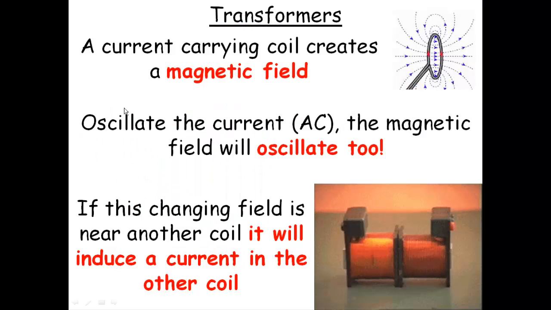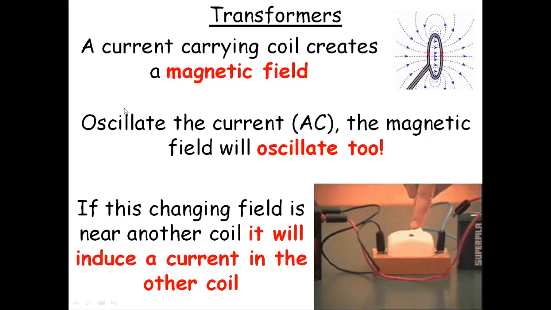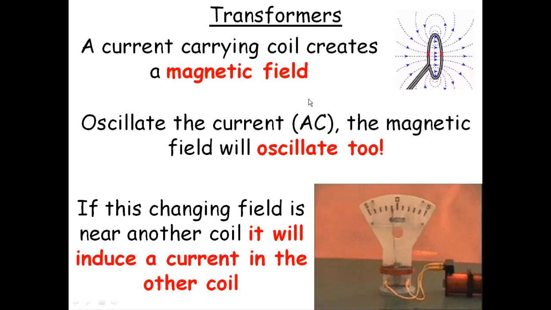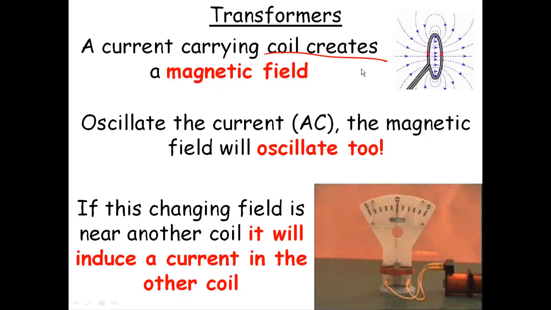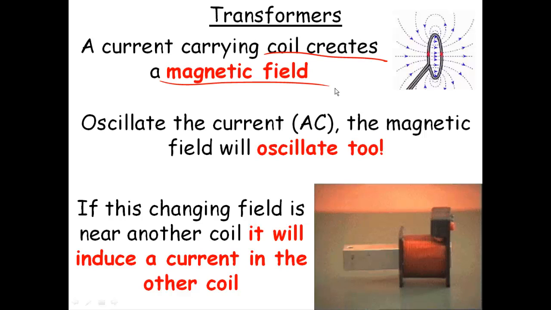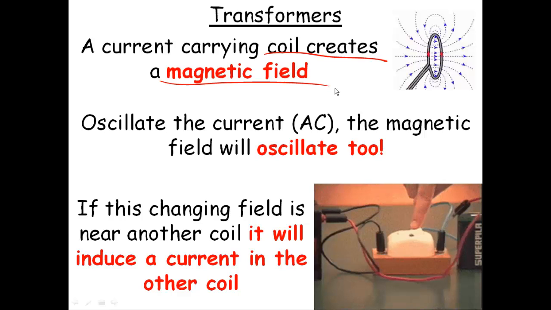Transformers work on the idea of electromagnetic induction. What do I mean? Well, we know a coil or a wire that carries a current produces itself a magnetic field. And we know a magnetic field will produce a current.